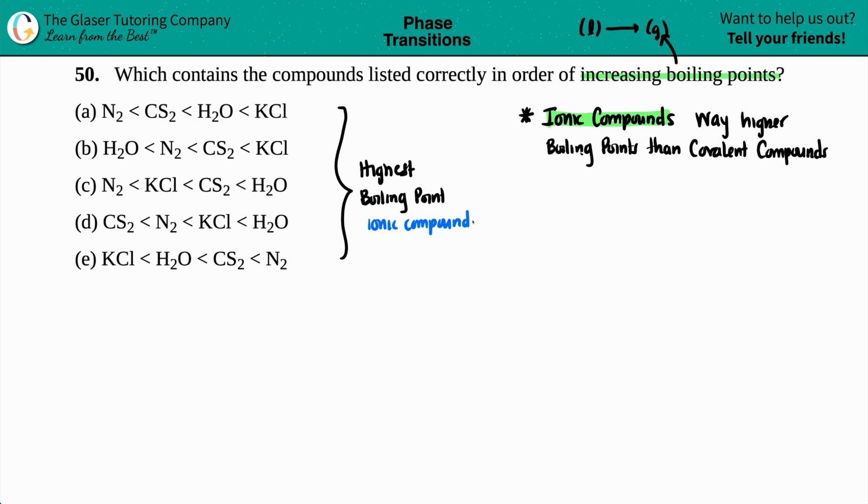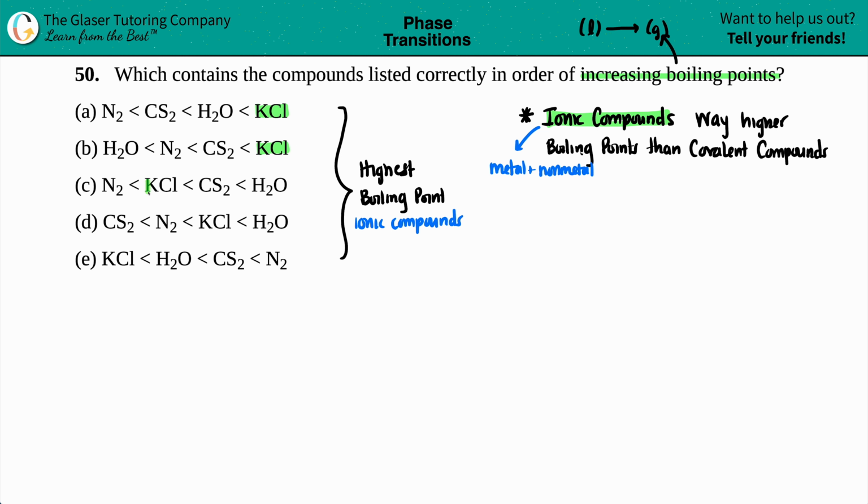So I'm just going to scan for those ionic compounds. And remember, an ionic compound is a metal plus a nonmetal. Out of all of these 4, the only ionic compound is the KCl. There are only 2 examples in which it is the highest one.